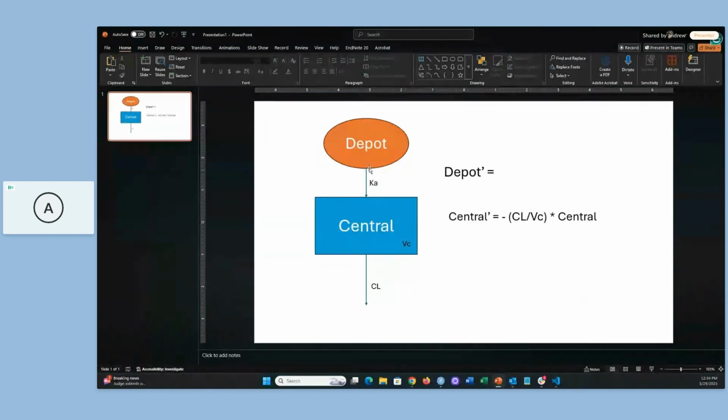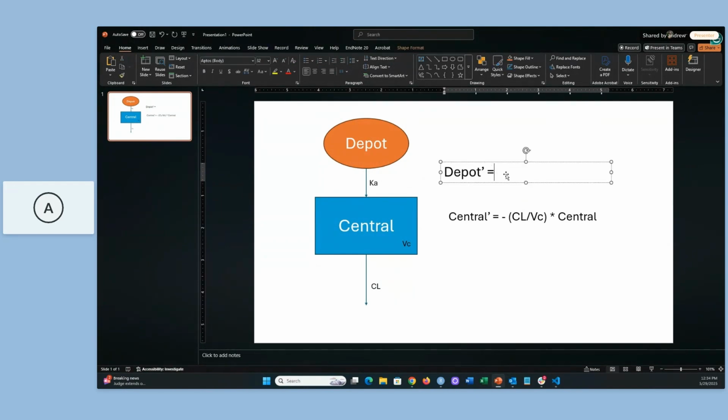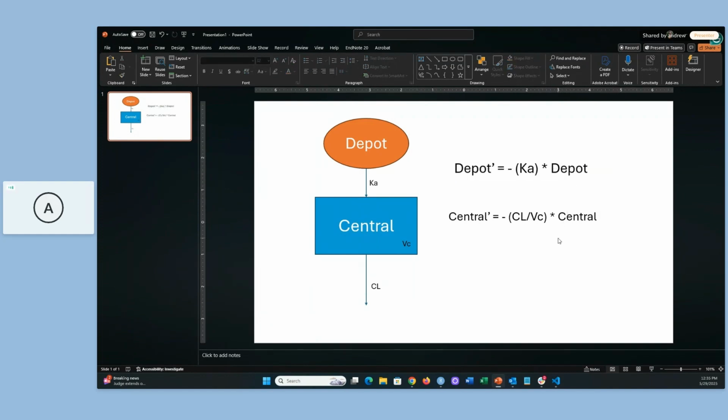So it's minus because it's leaving the depot. So that is going to be minus, and you don't necessarily have to have the parentheses in there. I'm just putting it in there so we're keeping this as your transformation from the depot. Good.